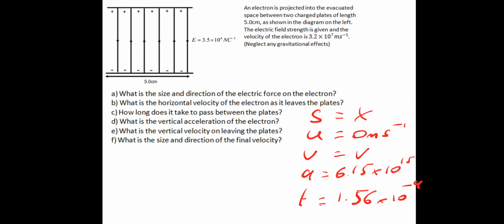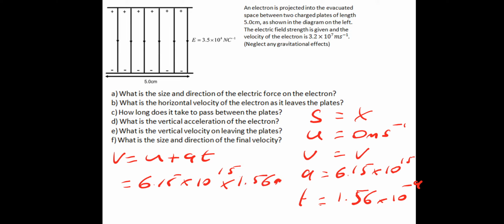So we're just going to use V equals U plus AT, and U is 0. So it's just V equals AT. So the acceleration is 6.15 times 10 to the power 15, multiplied by the time, the 1.56 times 10 to the minus 9.